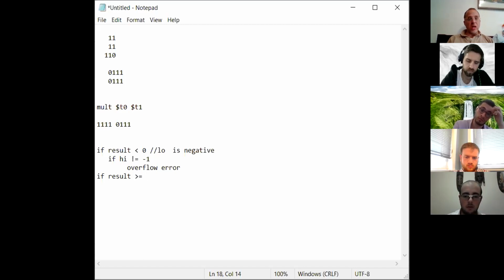All other cases are if it's greater than or equal to 0, you could just write else. But I'm trying to be extra clear. In this case, low is positive.